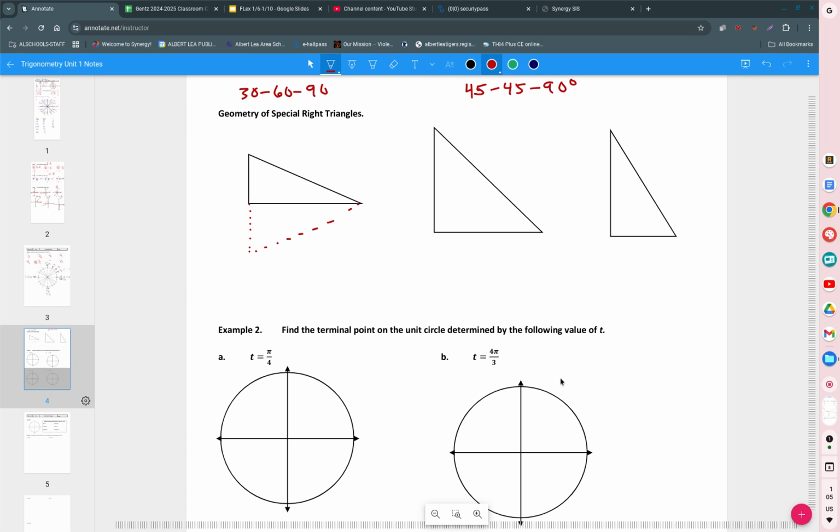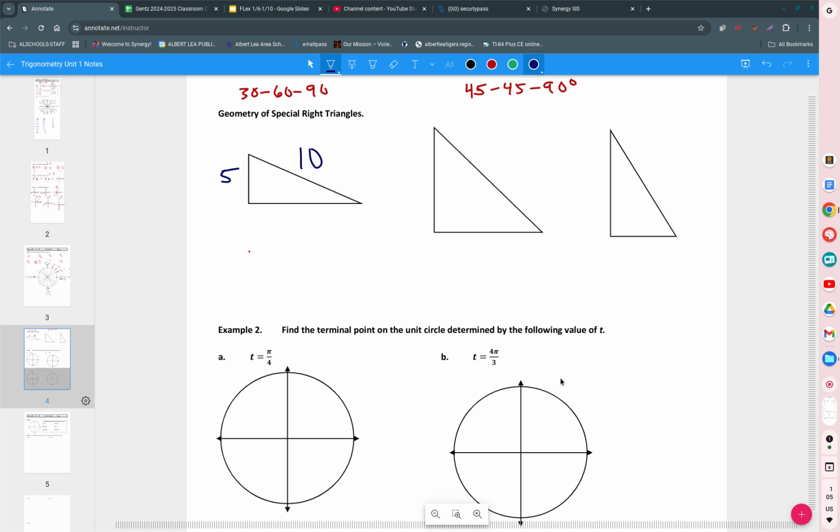So if it's a 60, 60, 60, if this side is 10, what's that side? That side is 10 as well. And what's that side? 10, right? So you can see that if we cut it in half, then if that side was 10, then what would this side here be? 5.